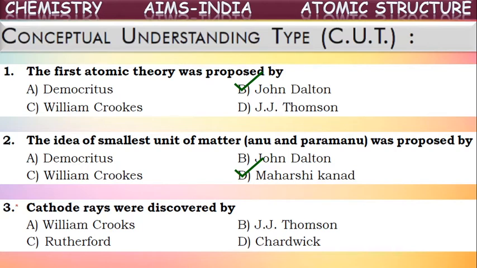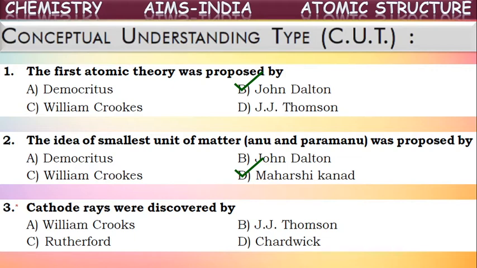The same experiment was repeated by one more scientist called J.J. Thomson. In his experiment, he observed and gave clarity about those particles. They are cathode rays. So the credit of discovery is given to J.J. Thomson, even though the discharge tube experiment was done earlier by William Crookes.